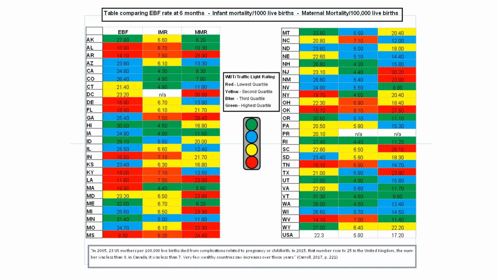Those that are red are scoring in the lowest quartile, the yellows are in the second quartile, the blue are in the third quartile, and of course the green are in the highest quartile. So we use the same colors as the WBTI to look at state by state. And you can see that there are a couple of states that are green all the way across.